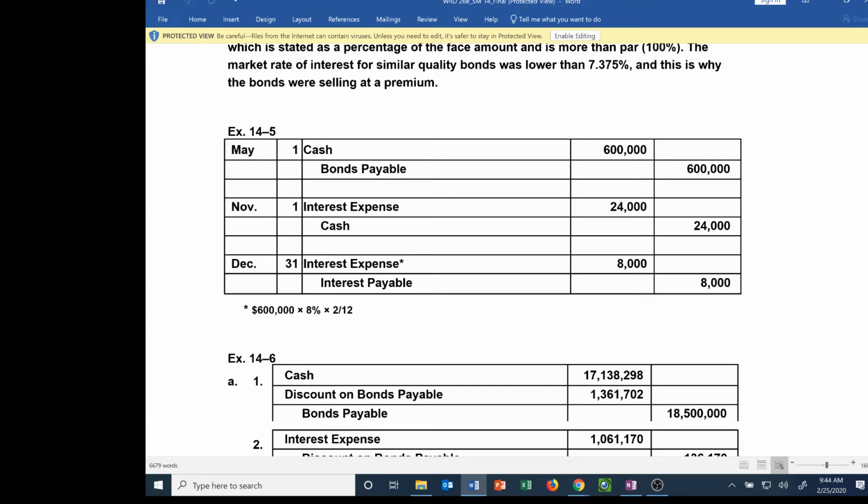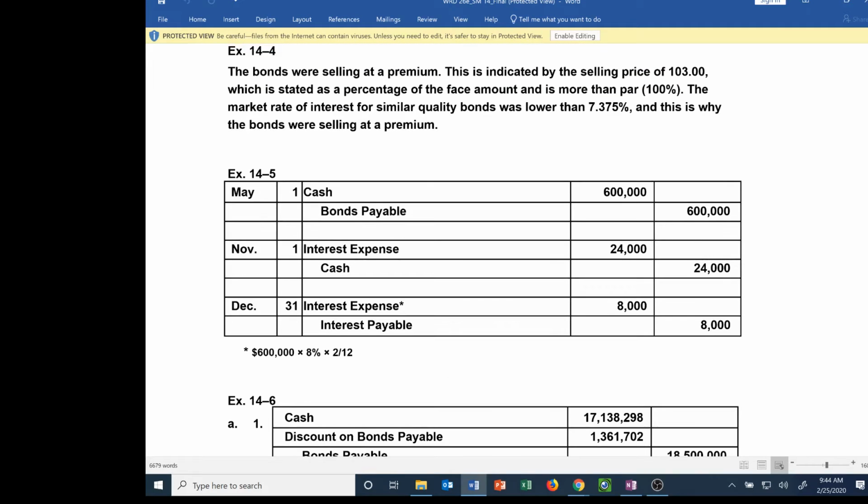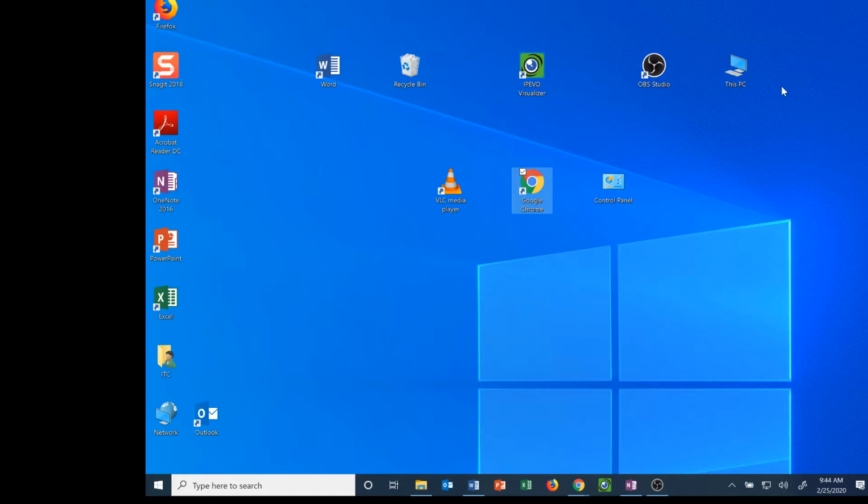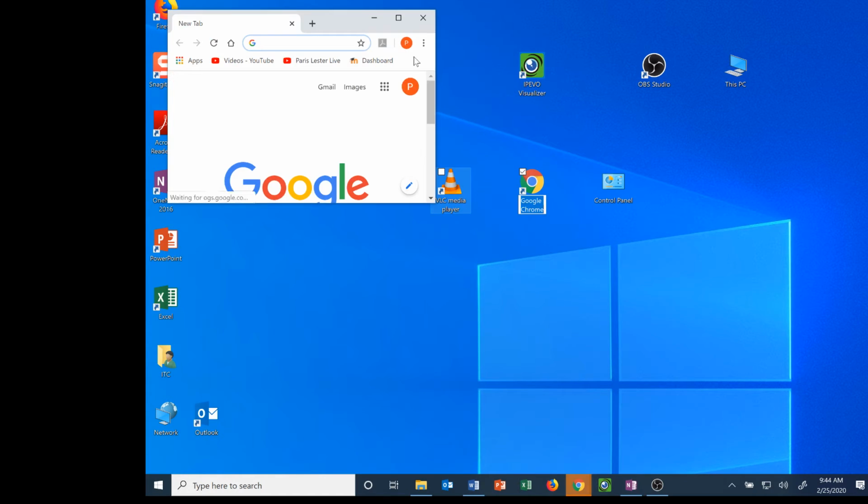Anyway, here are the entries, but the wrong amounts. And I guess we had to make an adjusting entry. Recorded accrued interest for 2 months. If we recorded interest for 2 months, how much interest would that be?